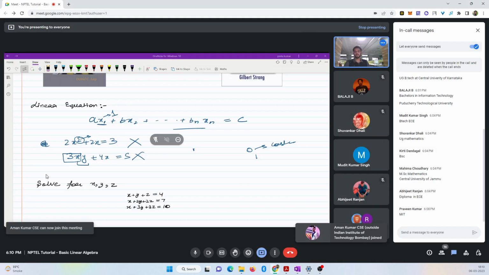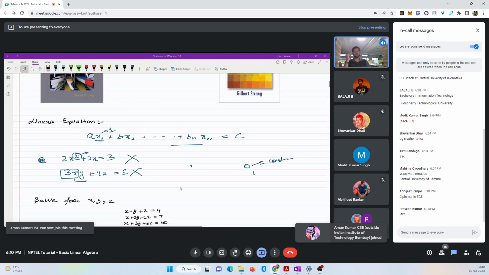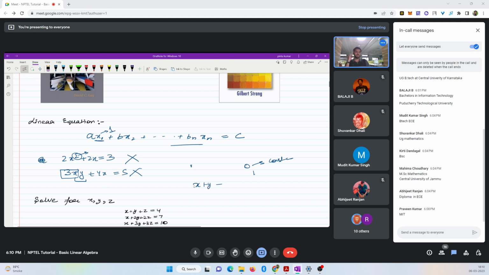What we want to do is find the set of possible solutions for our given equation. For example, x plus y equals 1: we want to find all x and y that satisfy our equation.